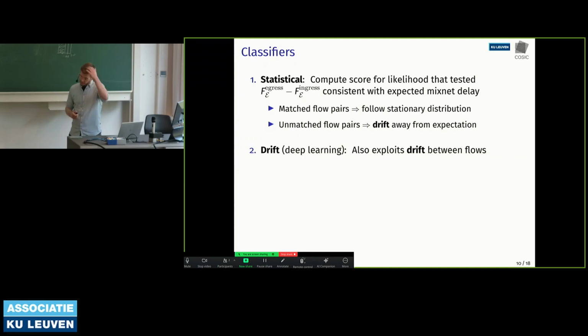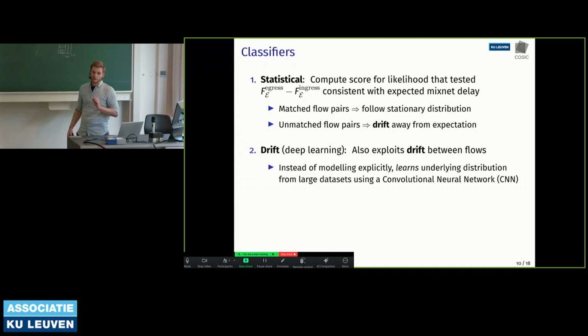We also follow this concept of drift in a deep learning-based classifier. This is the first of our two deep learning-based classifiers, drift, because it exploits the same idea: the same notion that for matched flow pairs, their delay distribution is stationary, and for unmatched ones, it drifts apart.